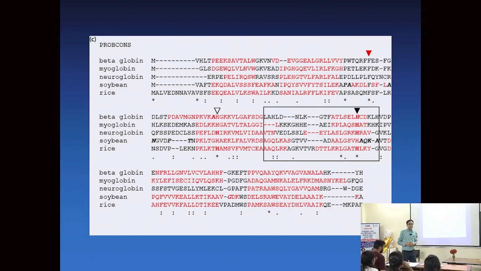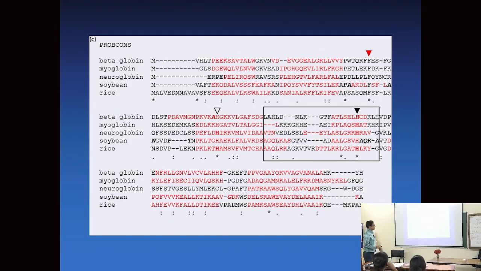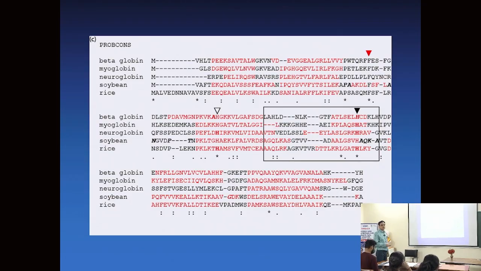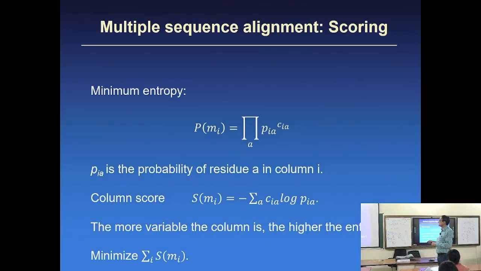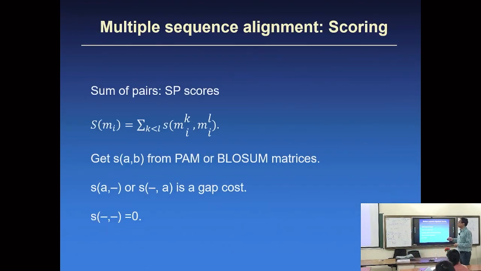For each of these pairs, you look for the score in the BLOSUM matrix and sum them up. Then you do the same for the other columns, add all those scores, and that would be the score for the multiple alignment. This is called sum of pairs scoring.